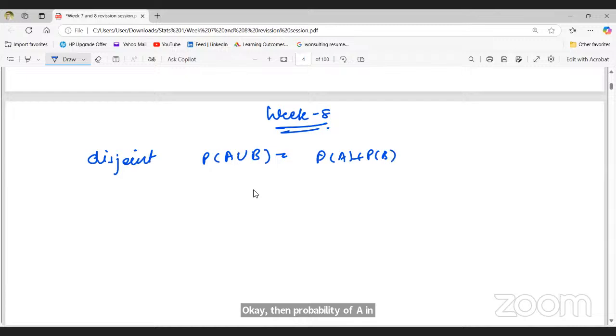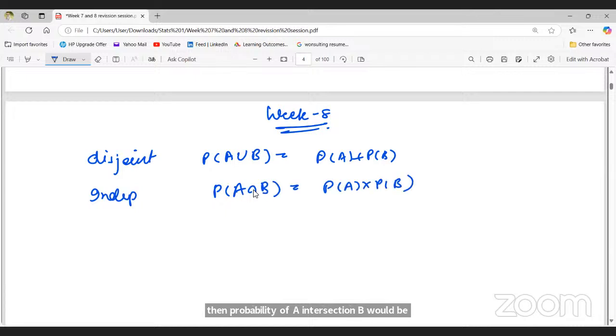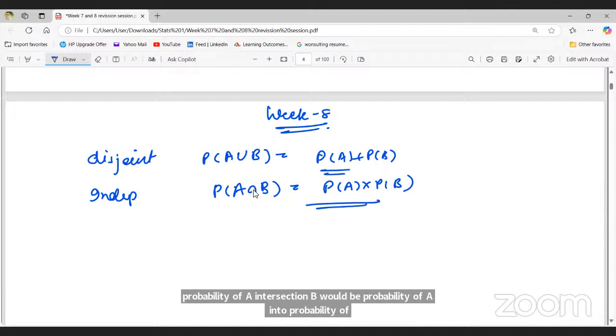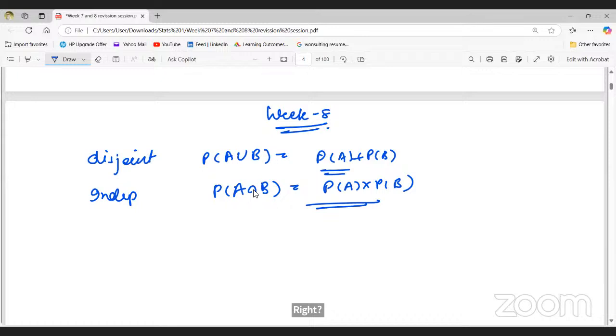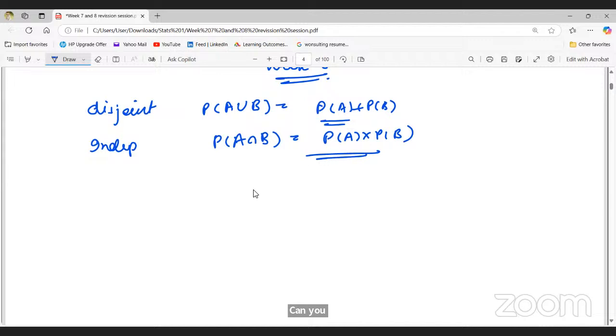When we have independence, then probability of A intersection B would be probability of A into probability of B. Ma'am, can you explain independence? Yeah, I will explain it. It's in this week 8 only, so let's go one topic by one topic.